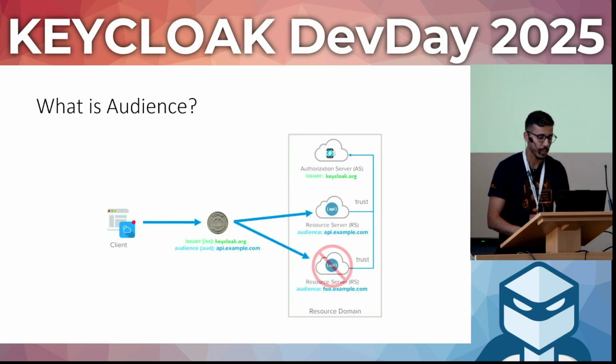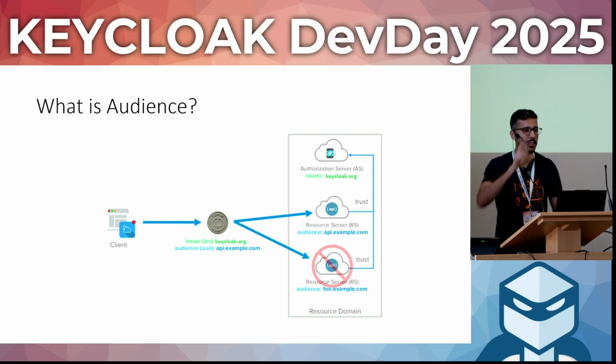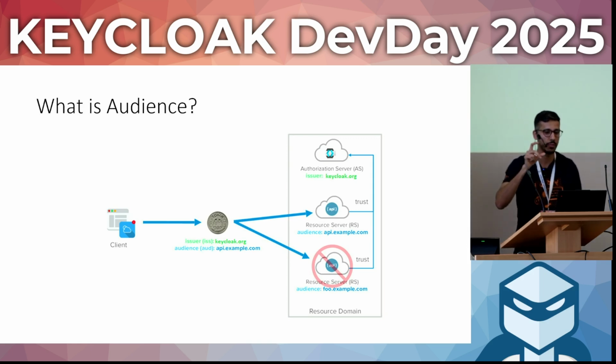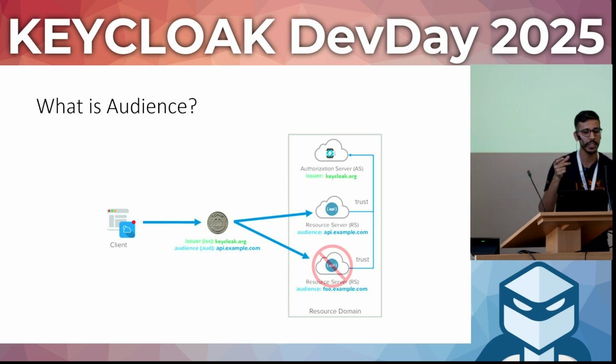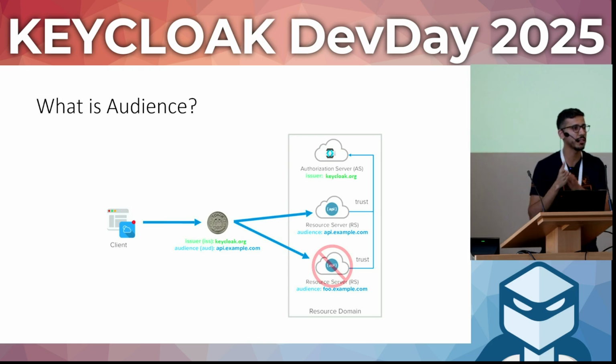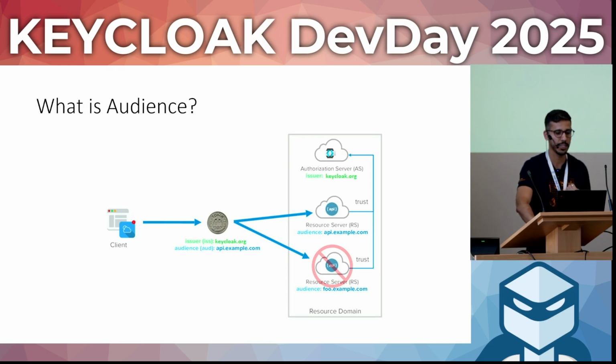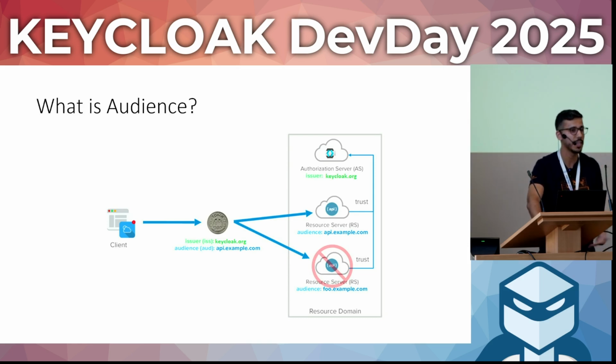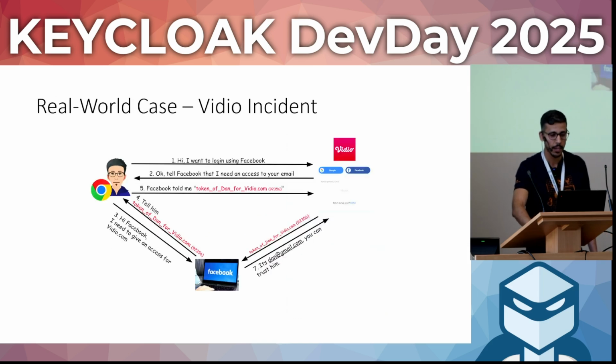The audience is just a claim that we can add to the access token in order to restrict where this token can be used. So it's very interesting from a security perspective. And when we don't have this claim, the risk is that once we have an access token, we can pass it to any application that doesn't implement this check.